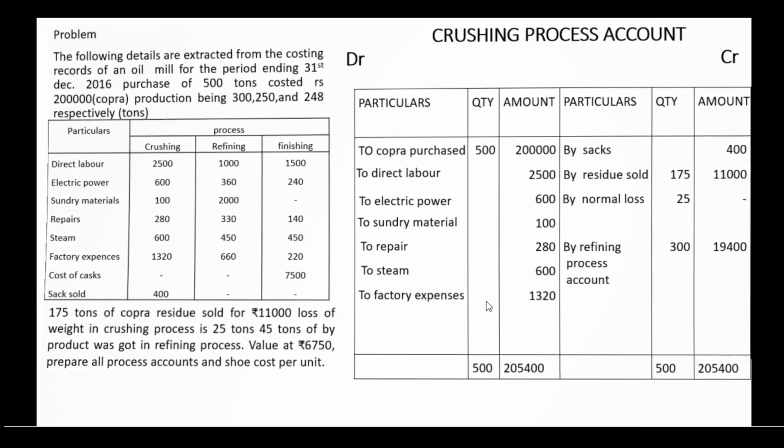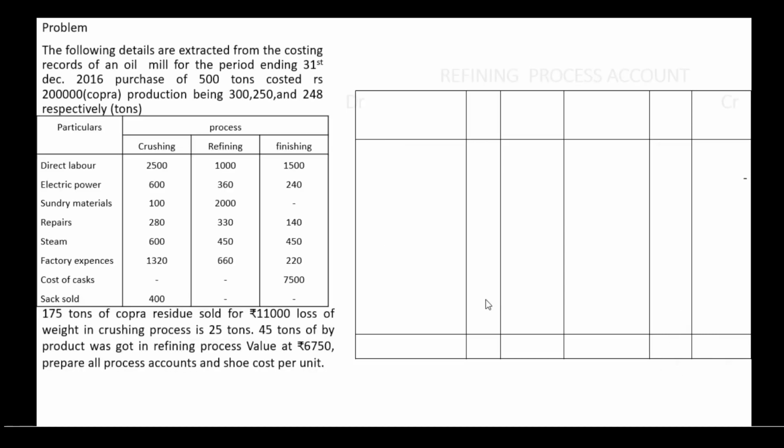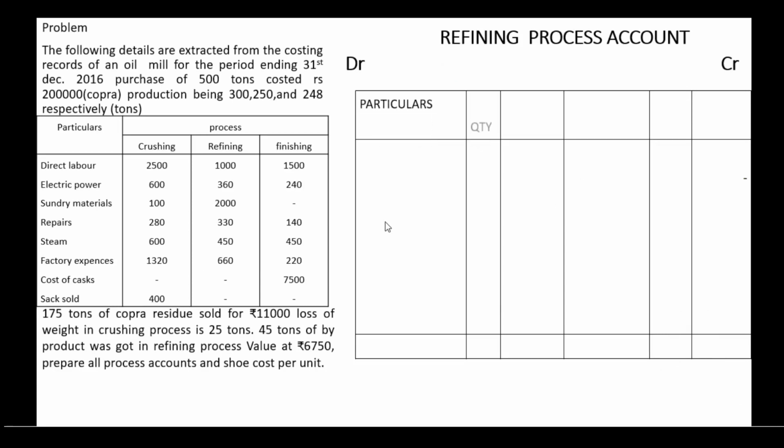And the next account, the next one, refining process account. Here also we draw the same format: particulars, quantity, amount.